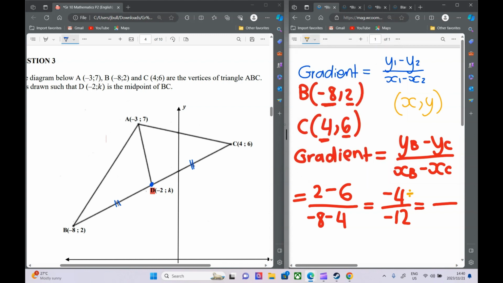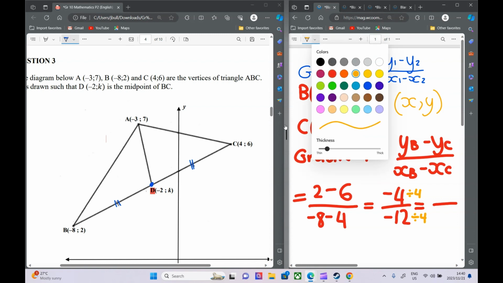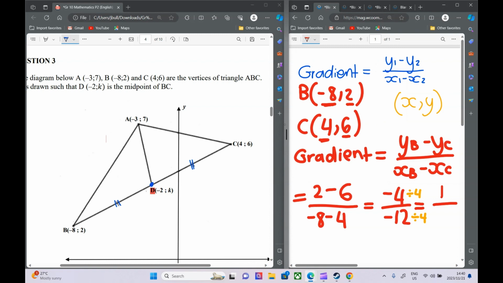If we divide top and bottom by 4, so that's just simplifying, 4 divided by 4 is just 1, and 12 divided by 4 is 3. And so that is our gradient in the end. Okay, so our gradient of that line BC is 1/3.